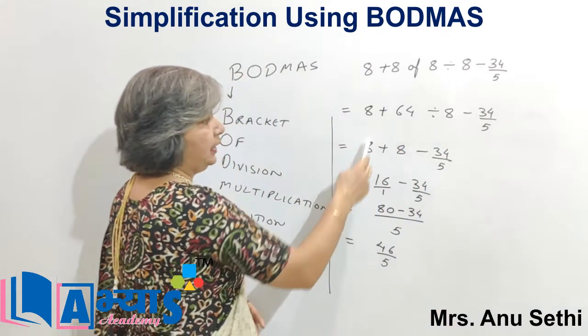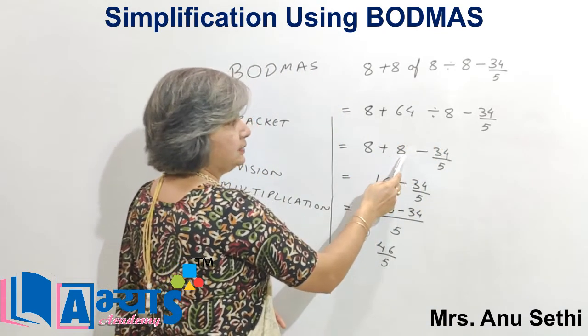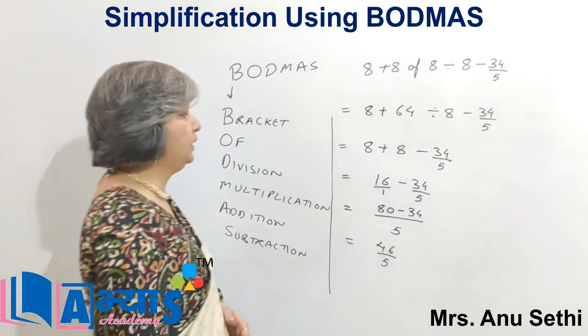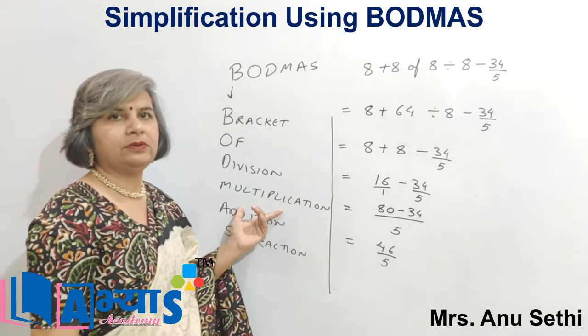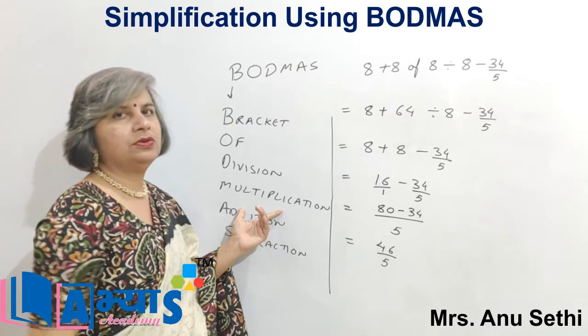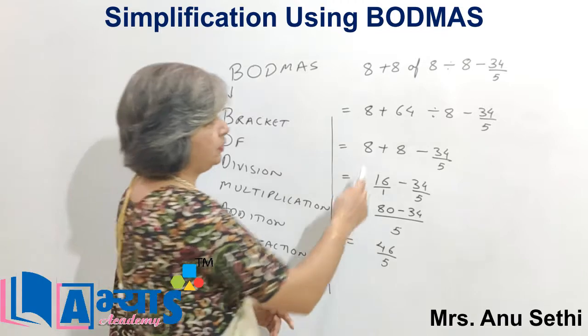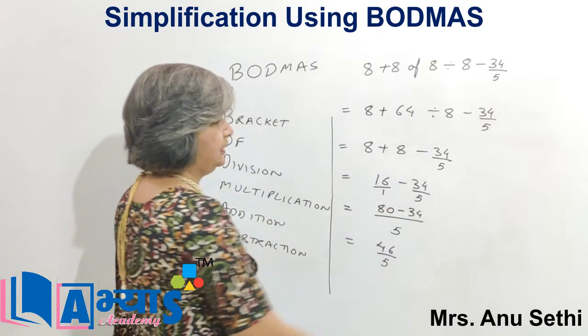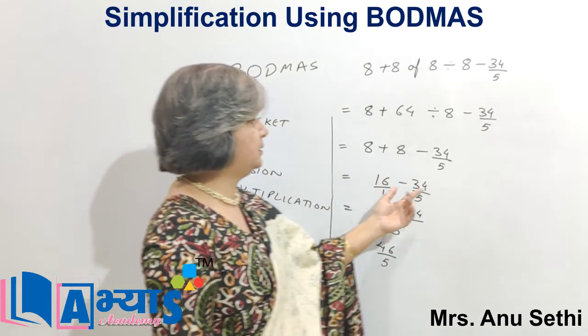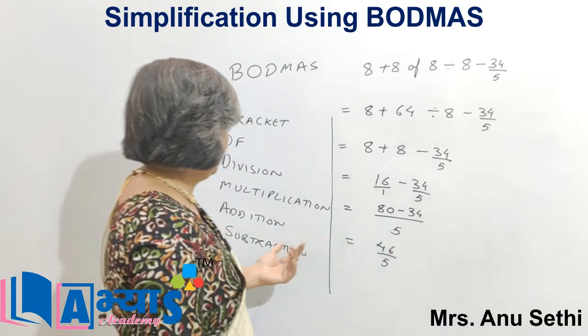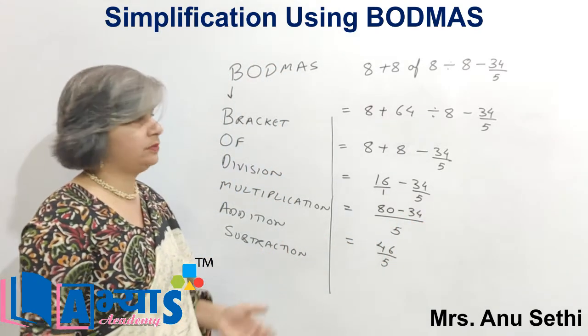So we write 8 plus 8 minus 34 by 5. In the next step we search for multiplication. As there is no multiplication, we go to addition, and we solve 8 plus 8 to get 16. So it becomes 16 minus 34 upon 5. And in the last step we solve subtraction.